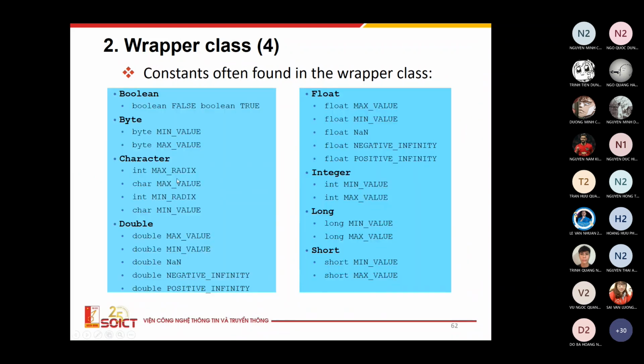In each class, there are also some constant attributes, for example the min value or the max value for each class. And there can be other values too. They are constants you often find in the wrapper classes.